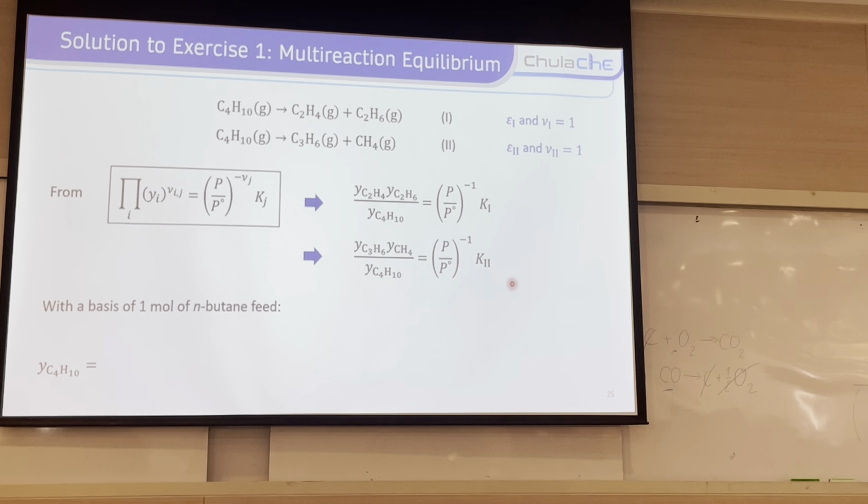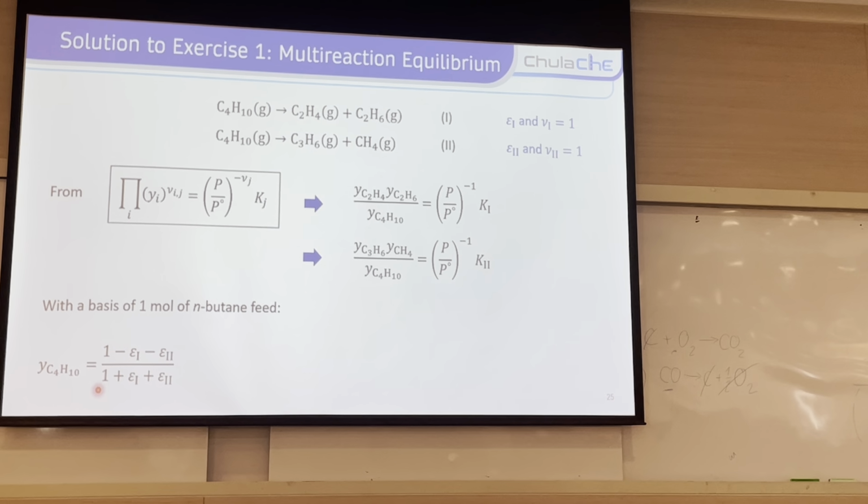Actually these two equations are not very difficult. The first thing that you have to do is write the mole fraction of each species in terms of the same parameter, which is the reaction coordinate. If it is based on 1 mole of normal butane feed, the initial total mole number in the system is equal to 1, which is the butane.